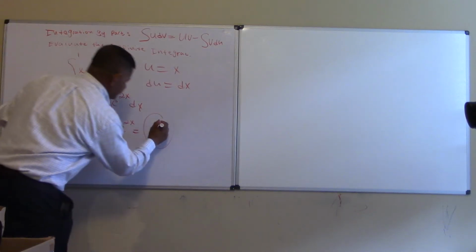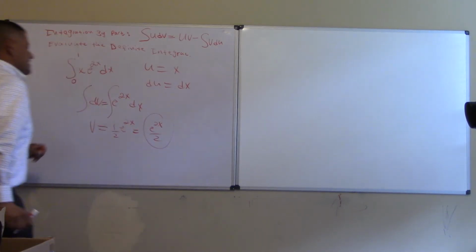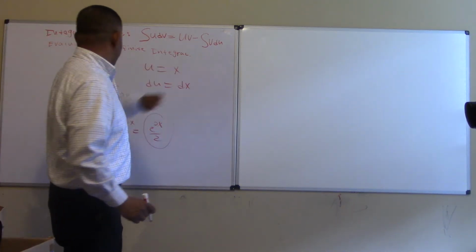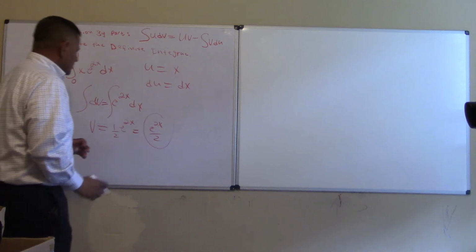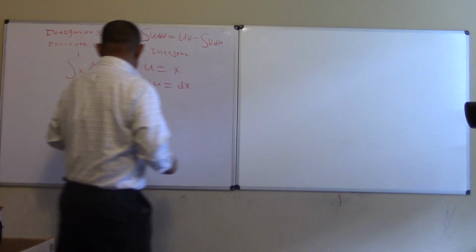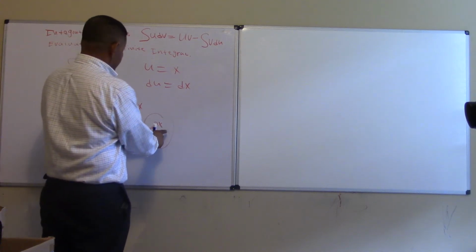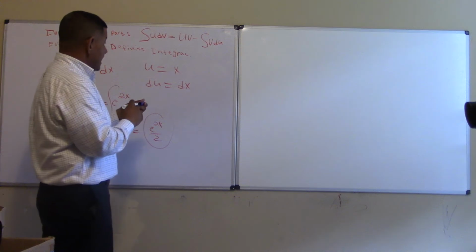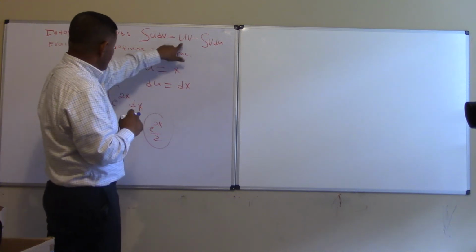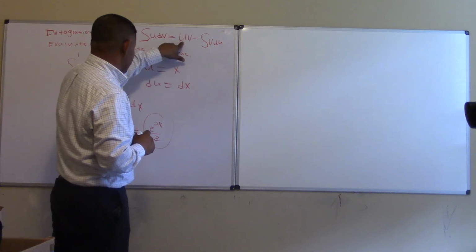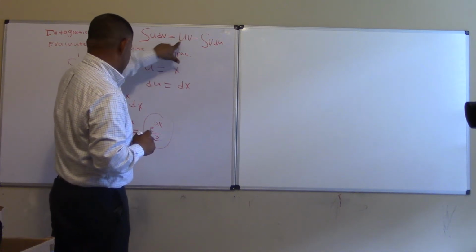Now that I have the v and I have the u, I can actually apply this formula. So here, what I'm going to do is substitute the values of this and this. Notice that u is equal to x, so replace it by x here.